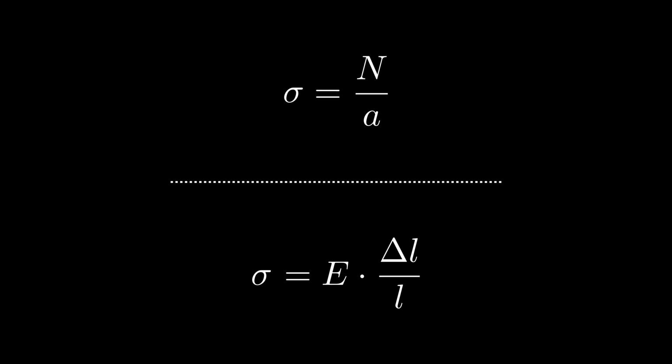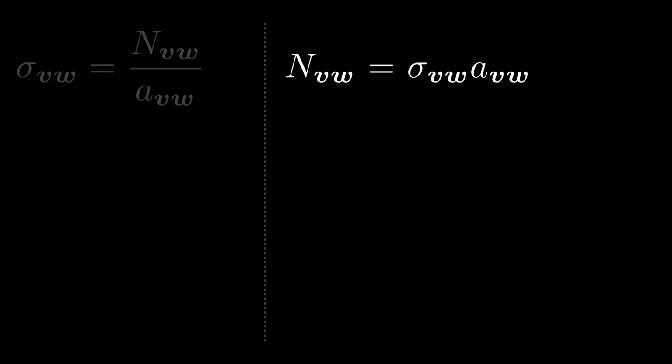Our goal now is to derive a simple and useful formula for N. In the following we consider a bar connecting two free nodes V and W. The previously seen formula tells us that sigma VW is equal to NVW divided by AVW, and therefore we can calculate NVW by sigma VW multiplied with AVW.